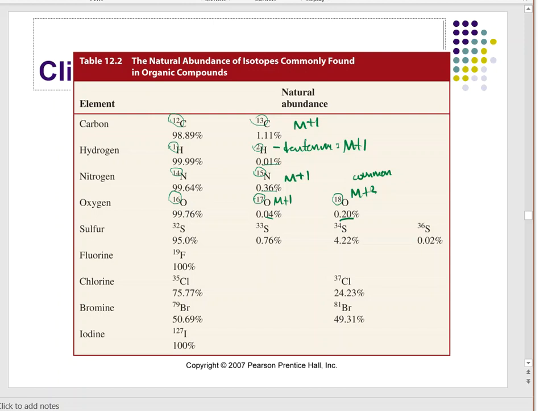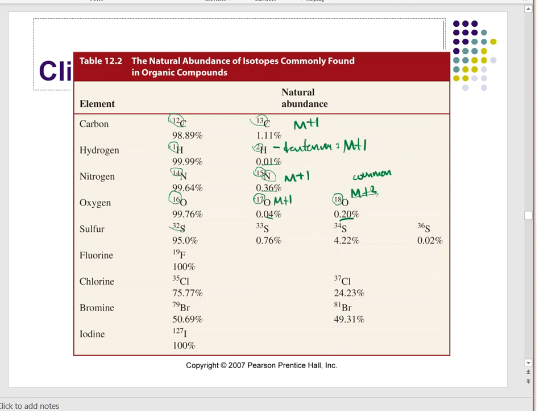That is why we say we have to worry about this one, because oxygen is running rampant. It's everywhere in a molecule. And because of that, we have more chances of it showing an M+2 peak when it's present. Nitrogen, not so much. Yeah, it's going to be involved in organic compounds. It's going to show up. It does have an M+1 peak. It's just not as common as oxygen, though. Sorry.